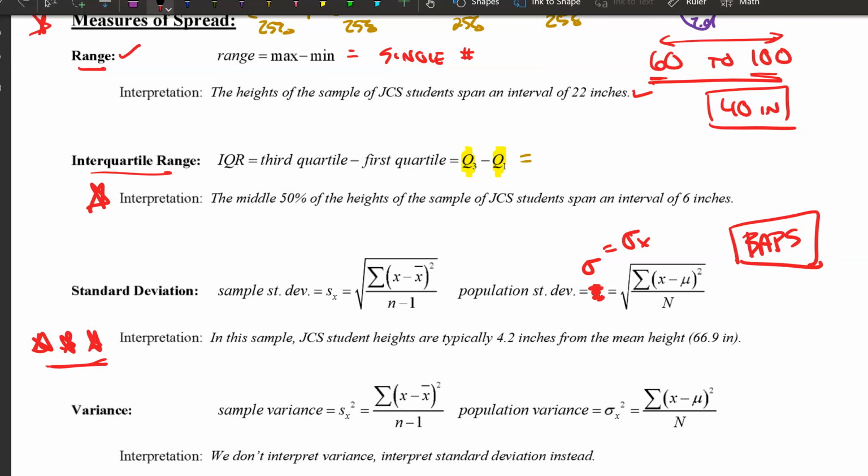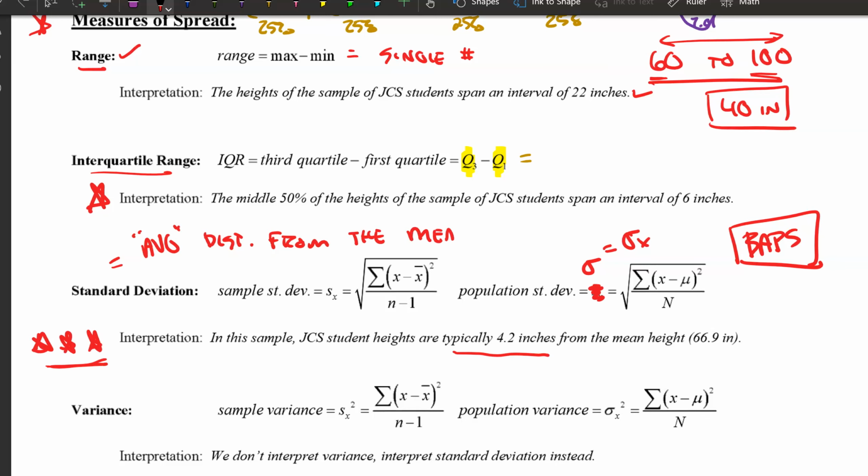In this sample, JCS student heights were typically 4.2 inches from the mean height of 66.9. It's the typical distance from the mean. Standard deviation is the typical or average distance from the mean. That seems to make sense.